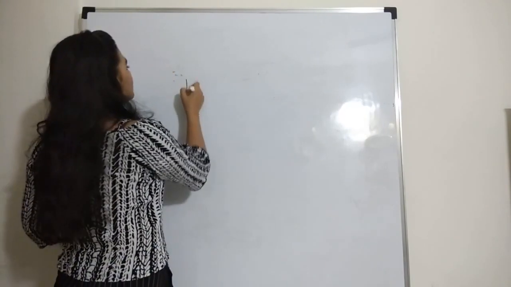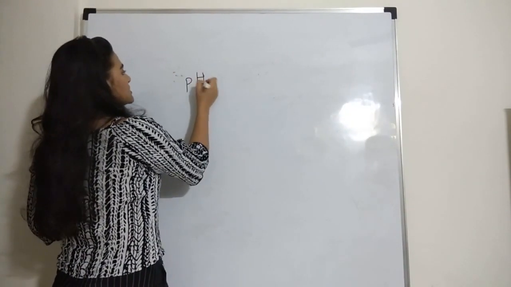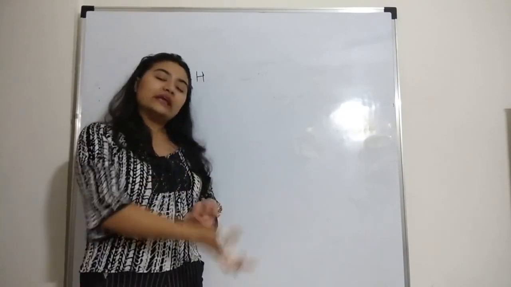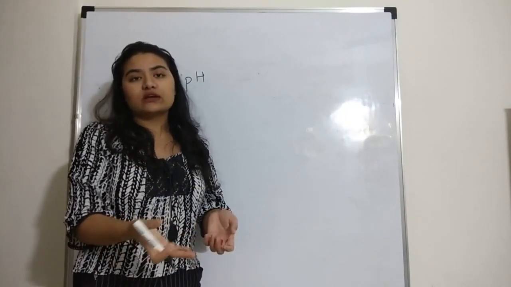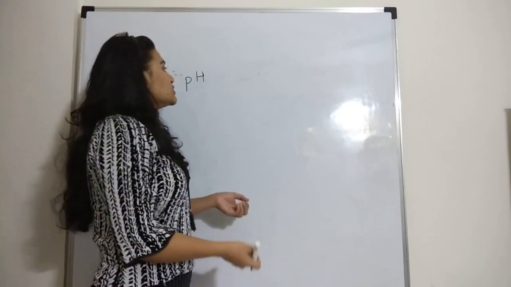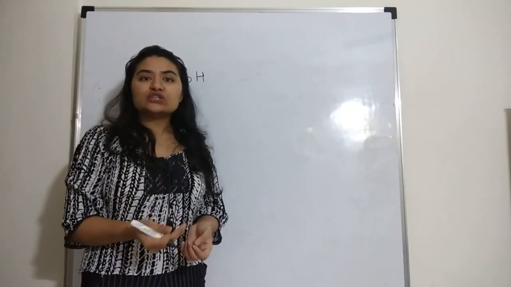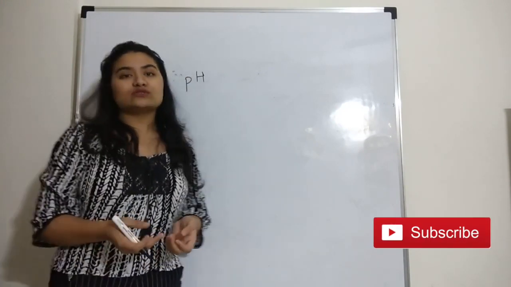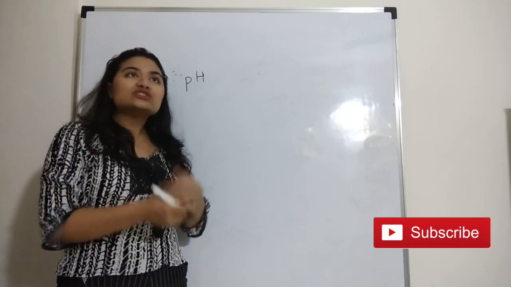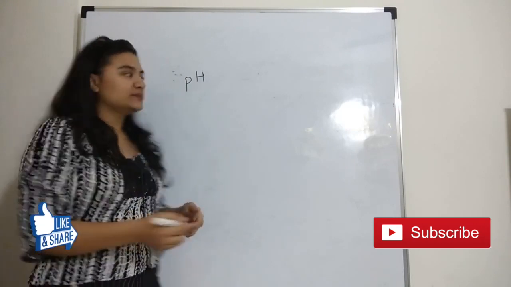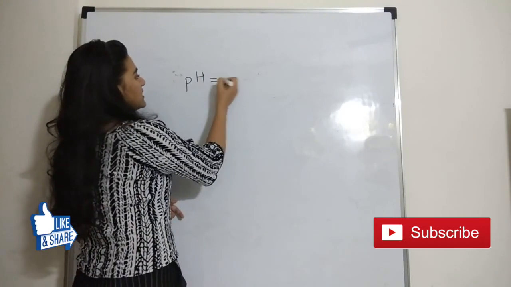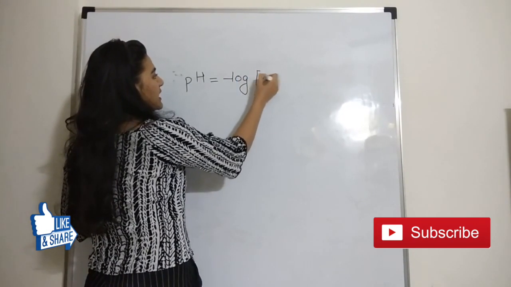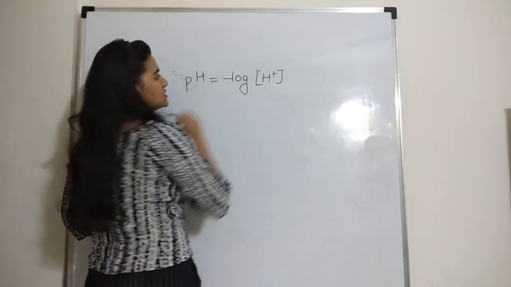So if I start with pH, as we studied in 10th grade, or if you're a grade 11 student, you must have studied that pH is the negative logarithm of H plus ion concentration or H3O plus ion concentration. So I can write minus log of H plus concentration.